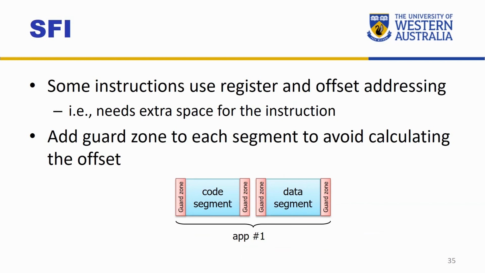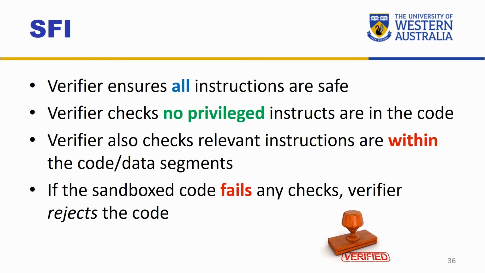And typically this will add some extra spaces before and after the segment, but normally it's quite small relative to the size of the code and data segments. So once we add the guards and add those check codes, assembly codes, the verifier ensures that all instructions are safe.